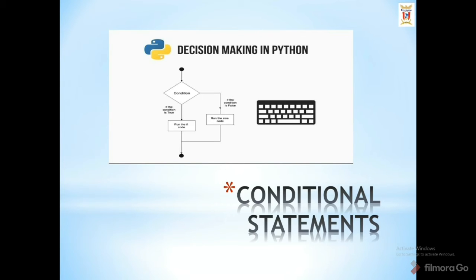If it is raining, you will sit at home and enjoy watching television or probably read a storybook. So let's observe the picture here. First, we have a condition. If the condition is true, then the code written in the if statement will run. Else, if the condition is false, run the else code. So this is how decision making works in Python.